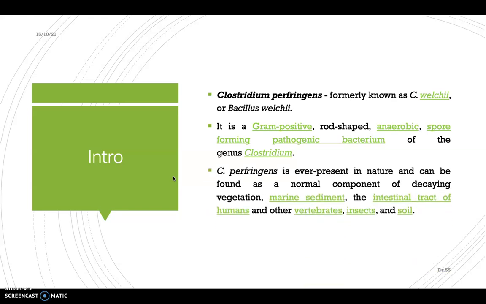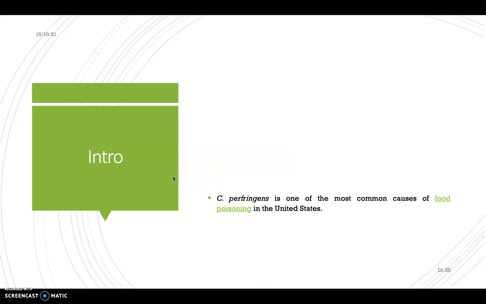Clostridium perfringens is present in decaying vegetation and the intestinal tract of humans, other vertebrates, and insects, and it is also present in soil and marine sediments.